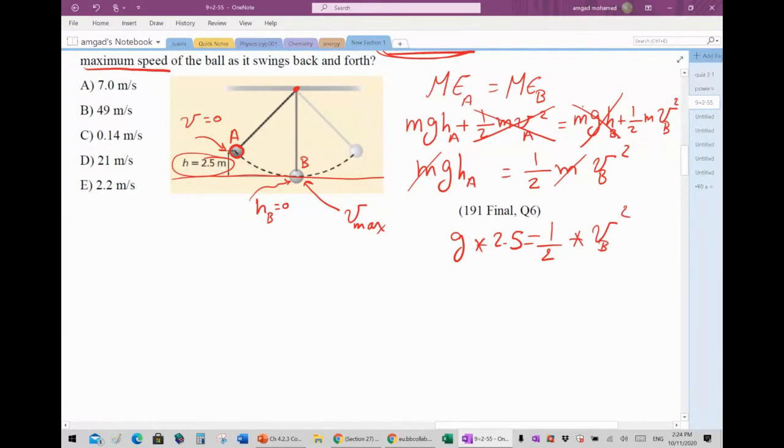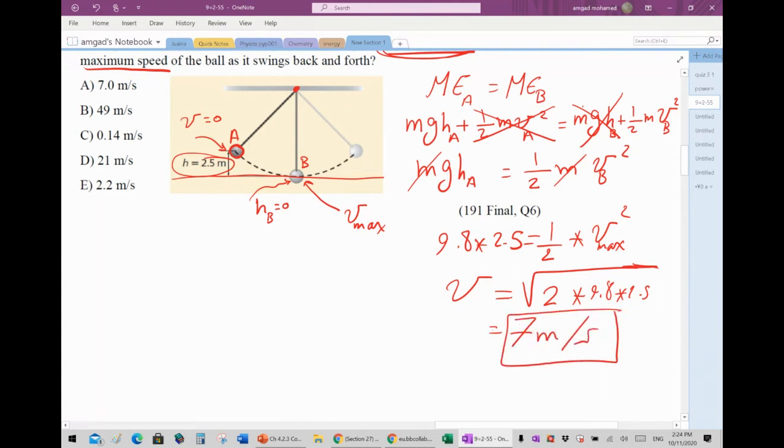And of course, v_B is the maximum speed, so I can consider it v_max. g is 9.8. So v equals root of 2 times 9.8 times 2.5. What's the result, guys? I think 7 meters per second. Got it? Yes, sir. 7.